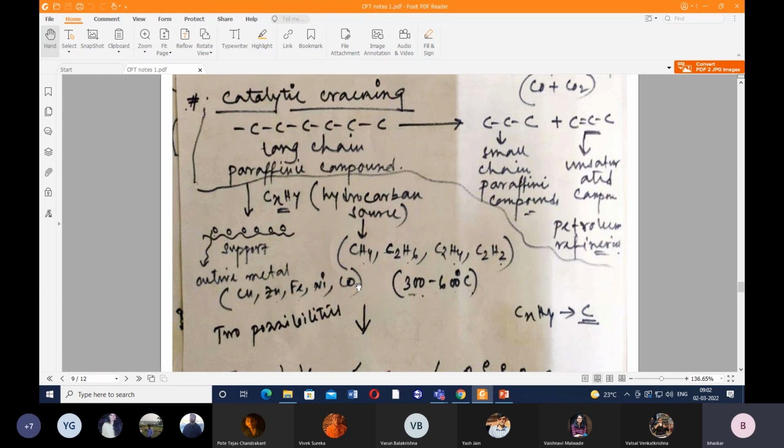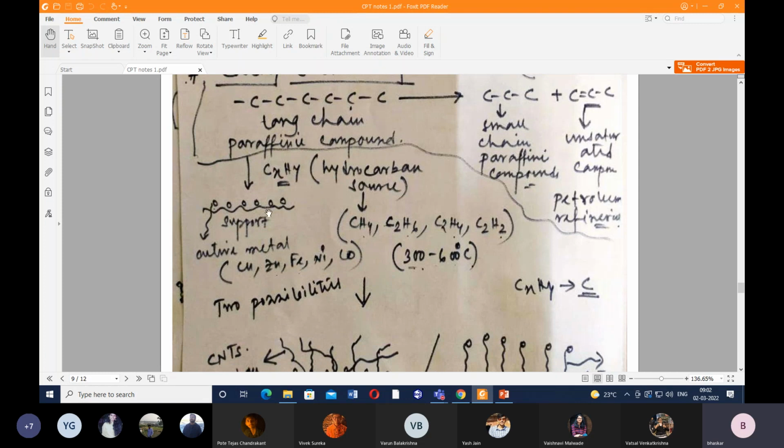Let's assume I have a support like this, and on the surface of the support I have a dispersion of active metals, which I have shown like this. And I am allowing CxHy, which is basically a hydrocarbon gas source, to penetrate through this catalyst. Let me first specify what our typical hydrocarbon source could be.